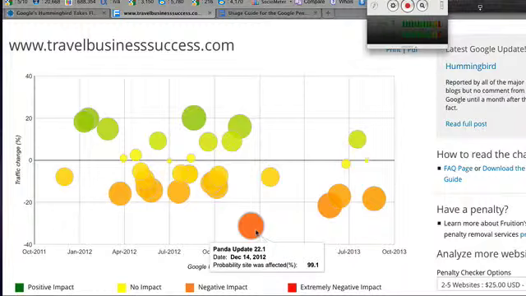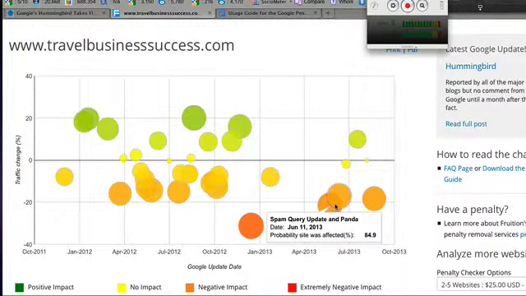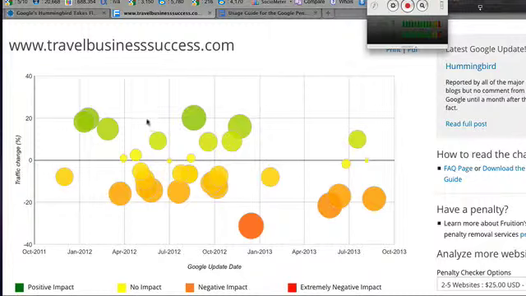Wow. Now, you had mentioned earlier that when you look at the penalty checker tool, you can evaluate whether it was Panda that hurt you worse or Penguin. Let's look at the difference between the two, where people would find Penguin, and if that was a problem, what are some of the things they should be doing?